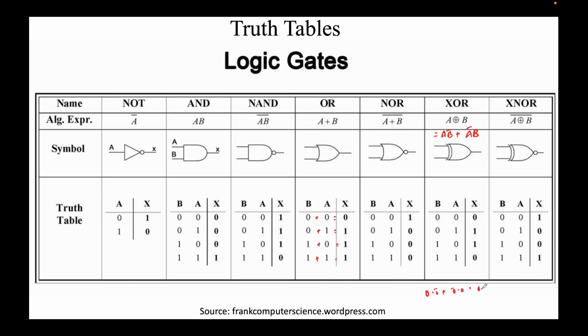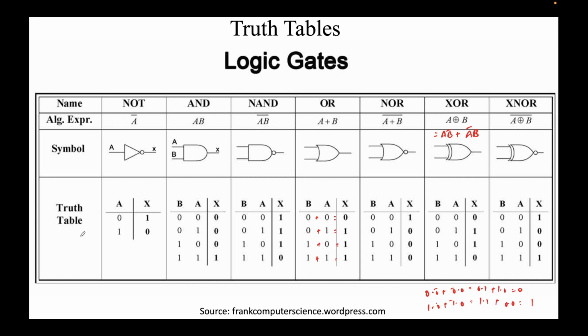So it will be 0 times 1 plus 1 times 0, which is 0. Let's do the second combination also. A is 1 and B is 0: 1 dot 0 bar plus 1 bar dot 0. This will be 1 dot 1 plus 0 dot 0, which comes out to be 1. Similarly, you can evaluate the other two. By the way, this is the truth table for XOR.